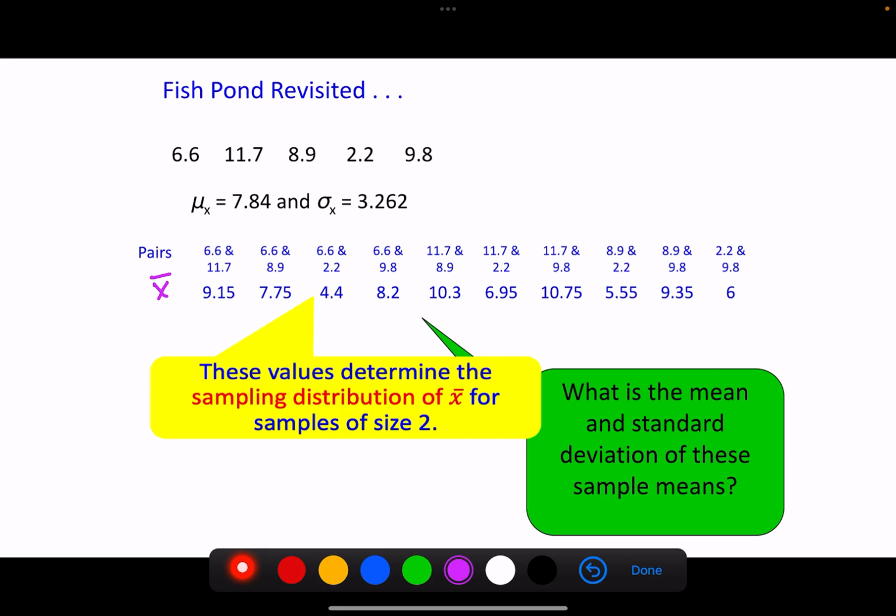Write those down before we get any further. Once you have those down, put this in your L1 and find the mean and standard deviation of those. So take a moment, hit pause, calculate those, and write those down.